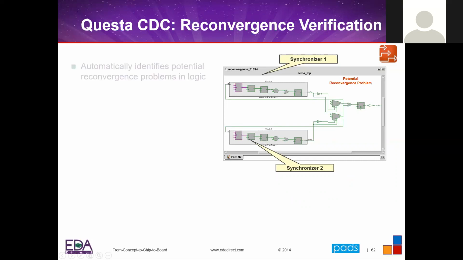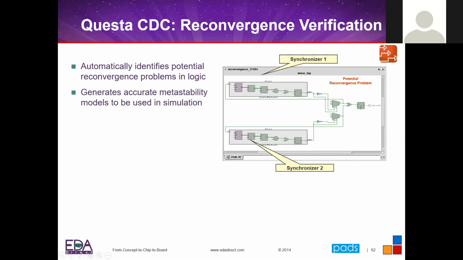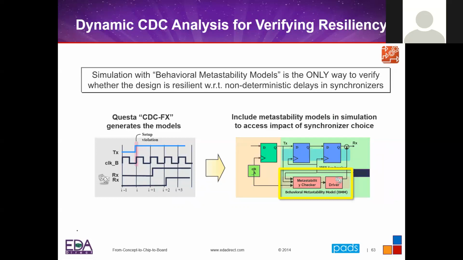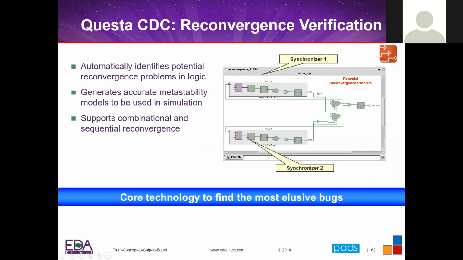So the reconvergence analysis will identify that this is a potential path, and every time that it says, hey, these clocks are getting close enough that we might have a metastability issue, it will inject that metastability into your simulation. And what that means is it will control those two paths and say, on certain occasions, this path will have a 1 delay. On certain occasions, this path will have a 1.